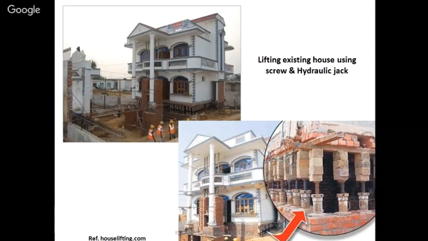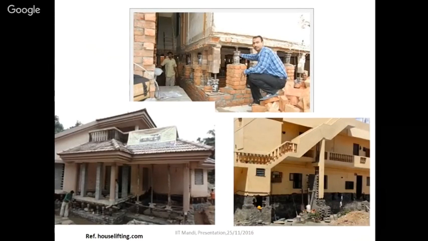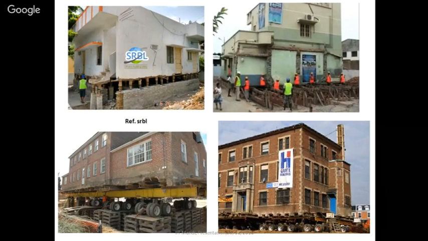Okay, that's the meaning. That's why I'm showing this image. You can see nearly 1 meter, 2 meter increase is possible with the help of a new technology, not only for RCC structures but masonry structures also. The second image stands for horizontal movement from one place to another.